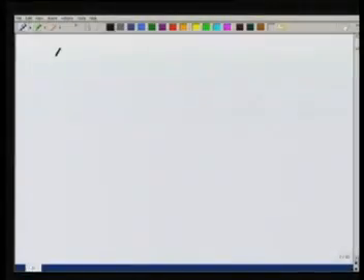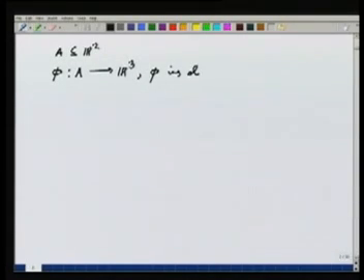Suppose A is a subset of R2. Suppose I have a map phi from A to R3. We will assume phi is a differentiable function, so the domain A is such that the derivative of phi makes sense. Then this phi actually determines a surface.